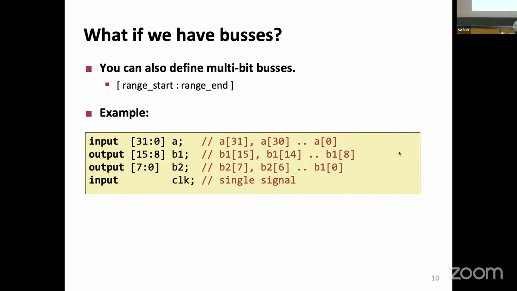Now, I'm coming back to the non-strongly typed part of Verilog. You can mix and match those things. Somewhere you can define an input A, and an output B, which is 0 to 4, and you can assign them.